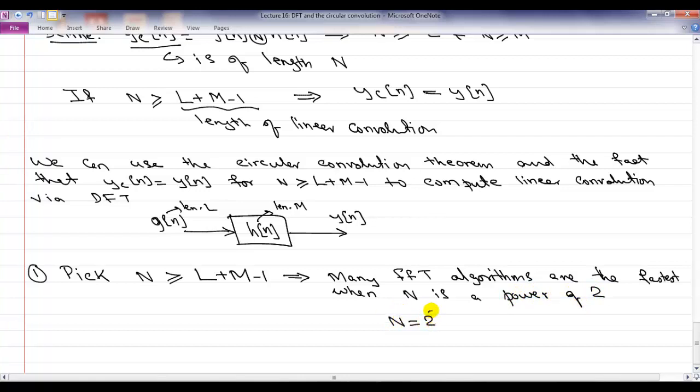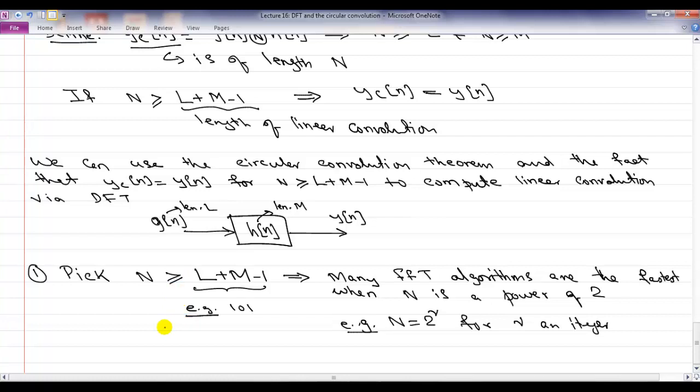Okay, so that is why you don't always want to pick n equals L plus m minus 1. So if, for example, we were given that L plus m minus 1 is 101, then instead of picking n to be 101, it is better to pick an integer which is a power of 2 and bigger than 101.